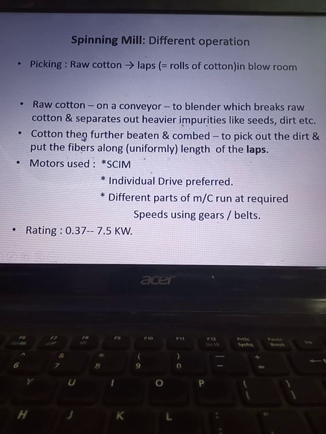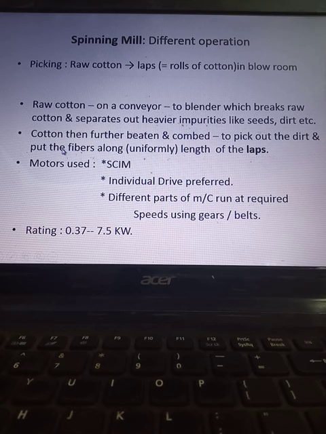The cotton, which is then devoid of the seeds and dirt, is further beaten and combed. Combing is similar to the way we comb our hair. Here also it is that type of comb. That operation is called combing.